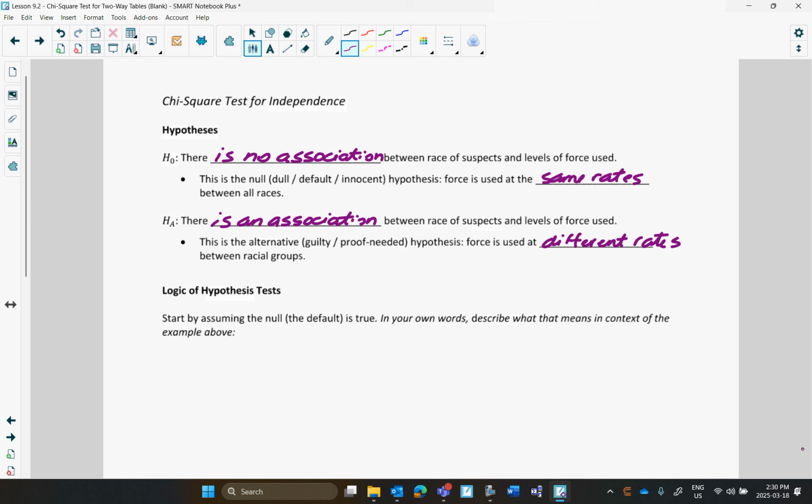So we start by, and again, this is very similar to the previous lesson, assuming the null hypothesis is true. What exactly does that mean? It means we assume force is used at the same rates for each racial group.